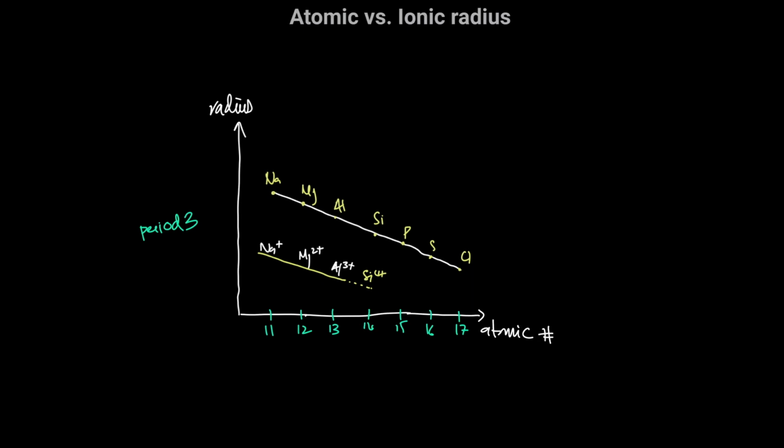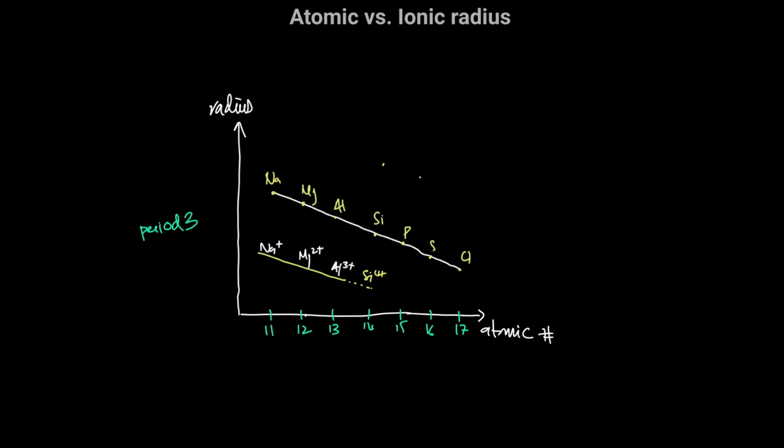All of these have the configuration of neon. They've lost their valence electrons to form the cation. Whereas the anions will all have the configuration of argon. So the Si4 minus ion will be much larger than the parent atom.